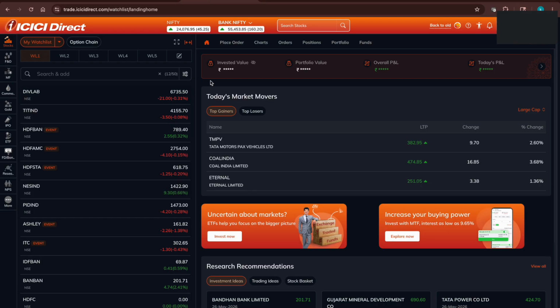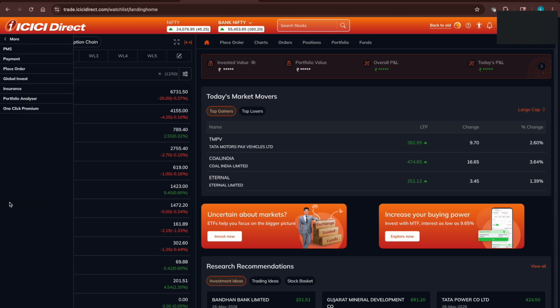If you have an ICICI Direct or an existing trading account, you may be able to use that if your banker allows that, right? So I am an ICICI Direct account holder.